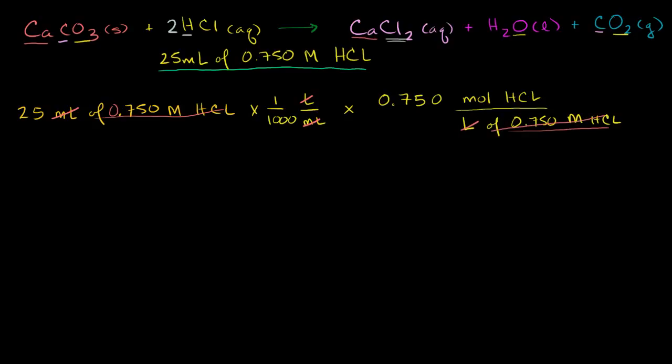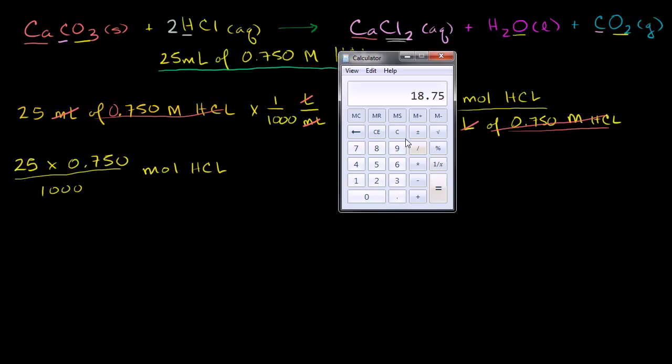And then we have 25 times 1 times 0.750 divided by 1,000 moles of hydrochloric acid. And let's get our calculator out to solve for this.